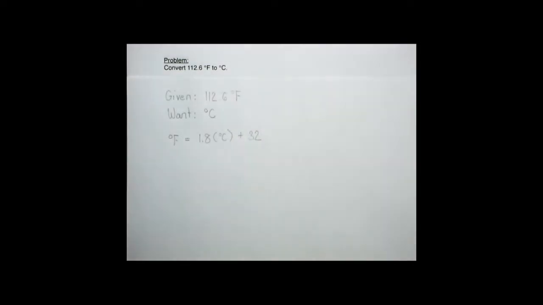Now you might feel that since we're going from Fahrenheit to Celsius, maybe we'd want a different equation that has Celsius over here, but it turns out that we don't need it. All this algebra that you've been learning can be used so that you only have to memorize that one equation in order to solve this problem.